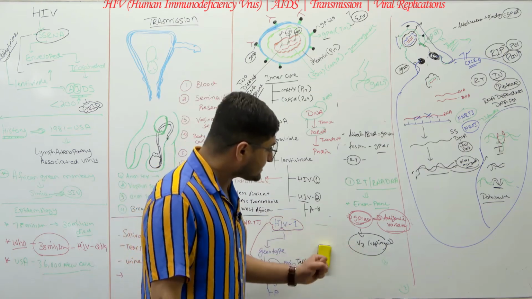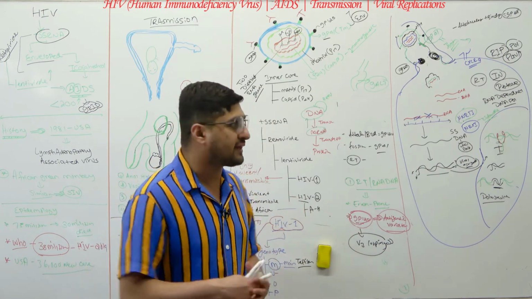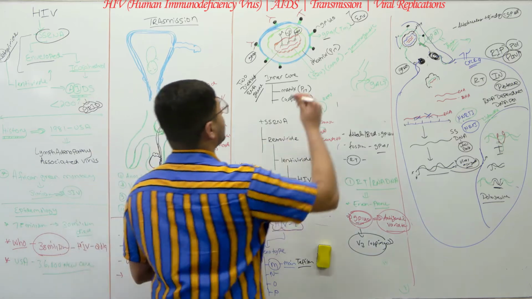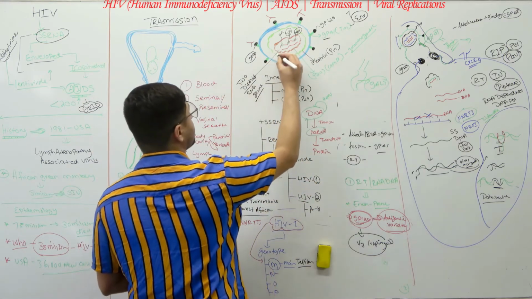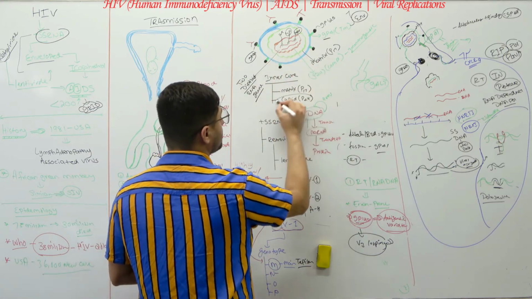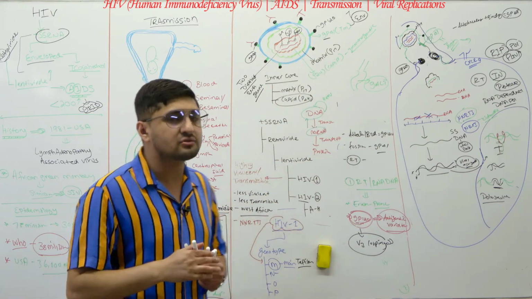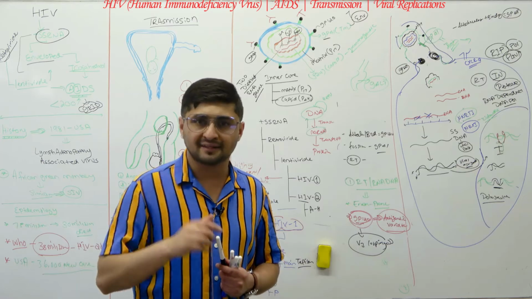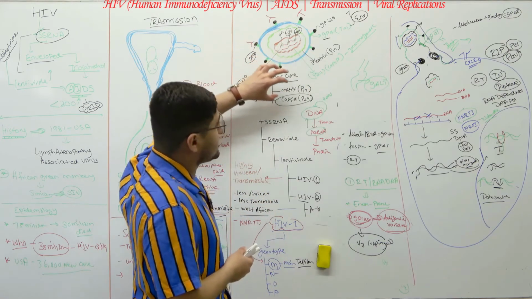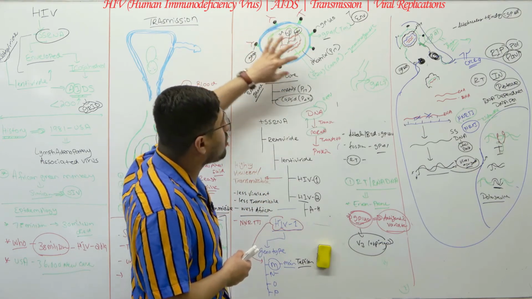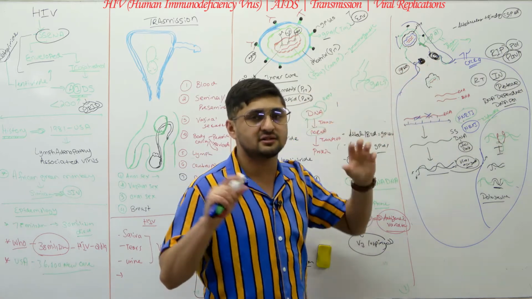Now, having said that, you also make antibody against, remember we talked about this, P24 right here. This is the capsid protein, but that is a relatively stable protein, right? Because it is inside the cell, remember it didn't play any role in hijacking the CD4 positive cells.